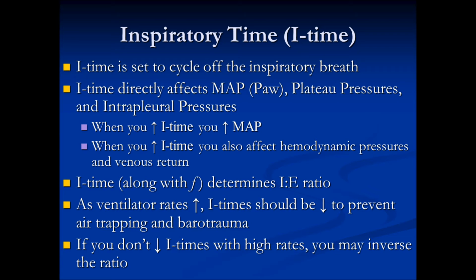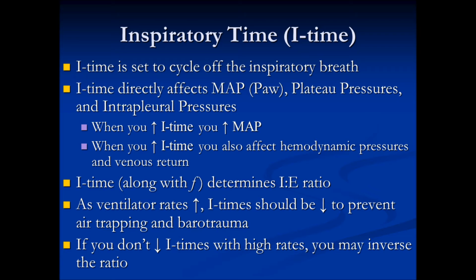But say your previous rate was not 60. Say your previous rate was 30. That means you have 2 seconds to spend on each breath. And if your E time was set at 0.4 seconds, that means you had 1.6 seconds dialed in on your I time.